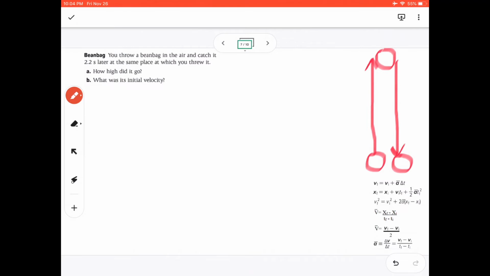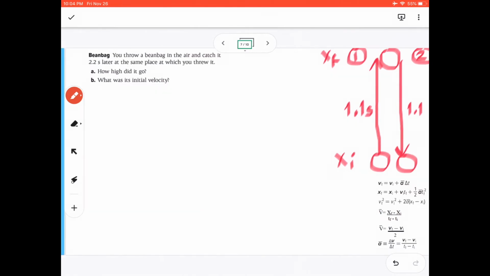So for this first part of the journey, 1, and then the second part of the journey over here, 2. The time it takes from the initial position to the final position XF over here is 1.1 seconds. And the time it takes from XF going back down to XI is also 1.1 seconds.